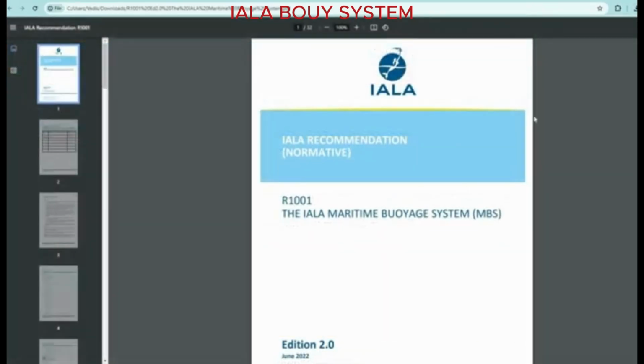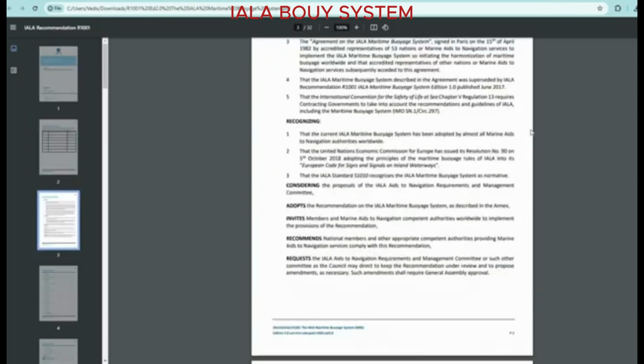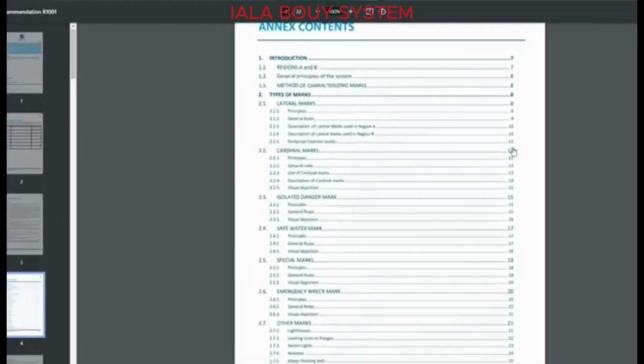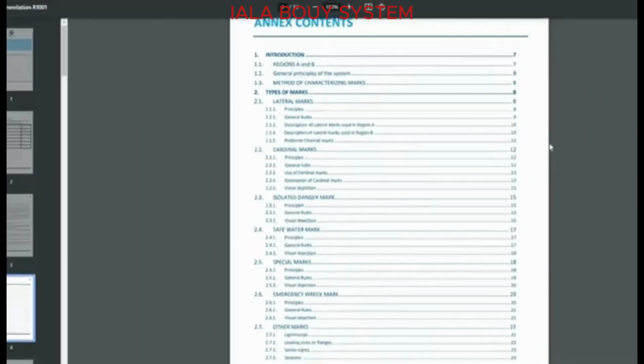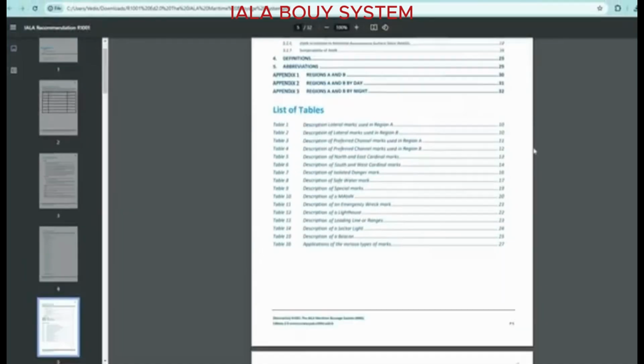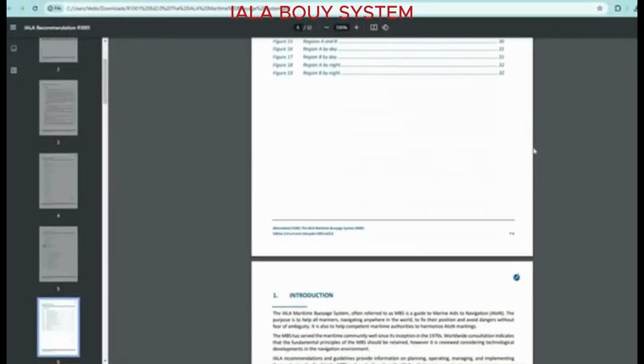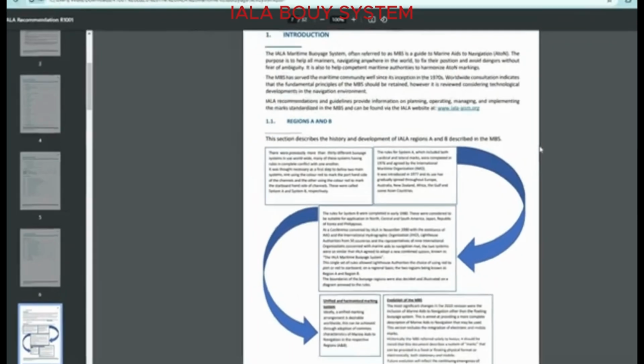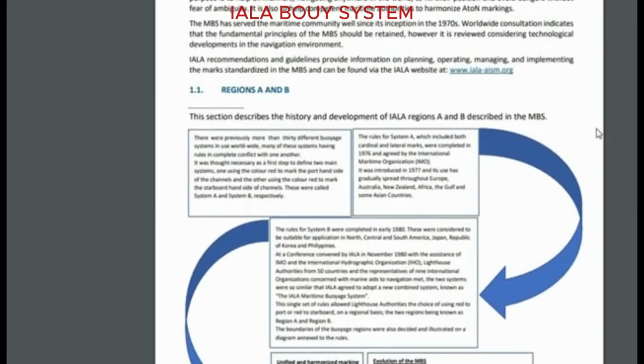So, let's take a closer look at this publication. Here you will find descriptions and requirements for all marks and buoys. On the first pages you can read the history of the IALA system.